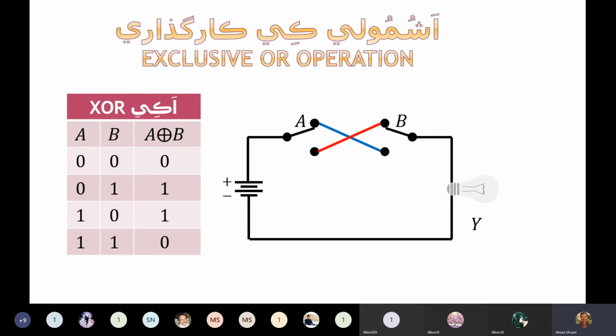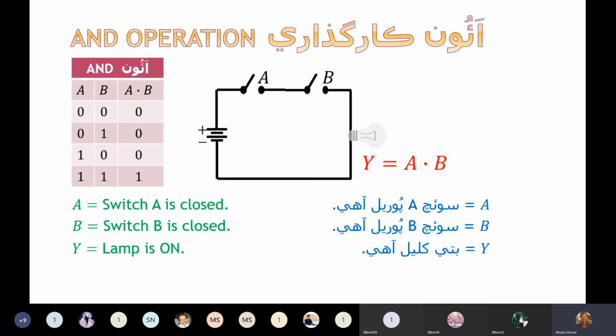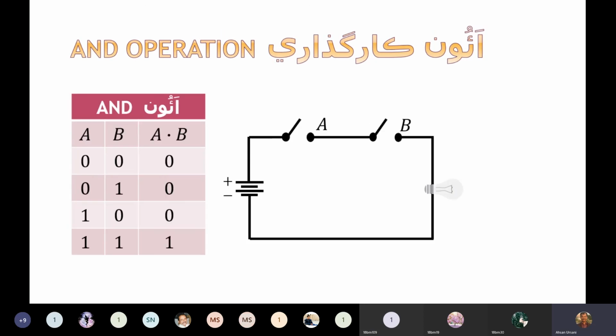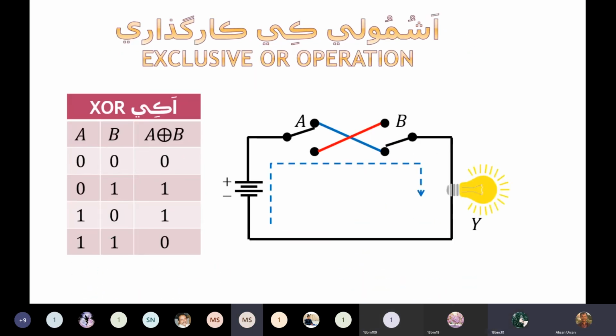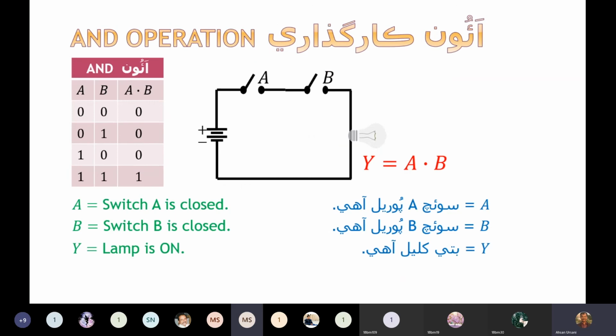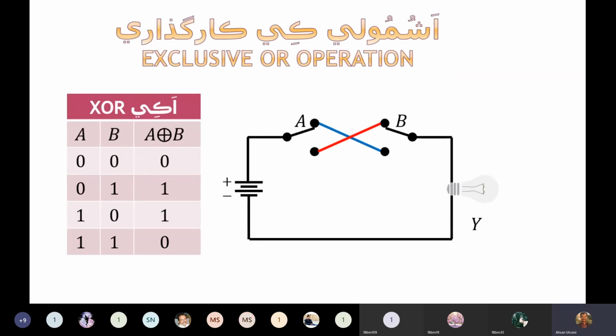This type of switch is called SPST, and this switch is called SPDT, single pole double throw. Double throw means it has two positions, up and down.